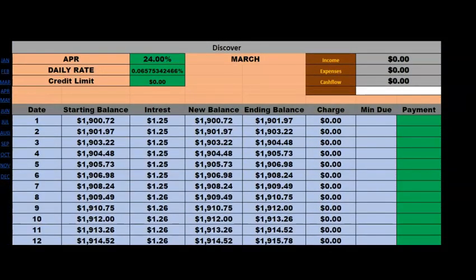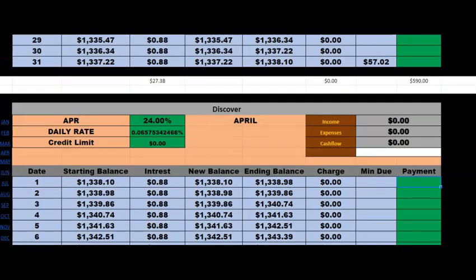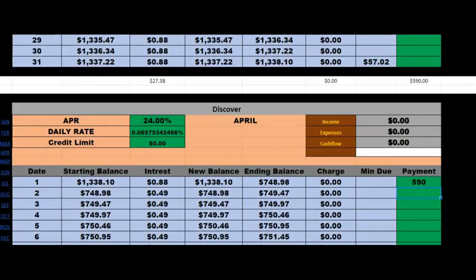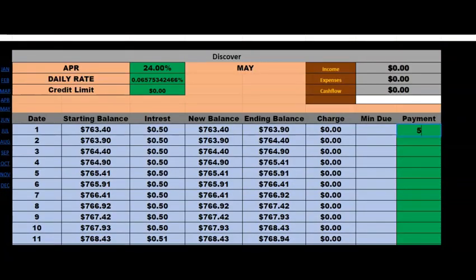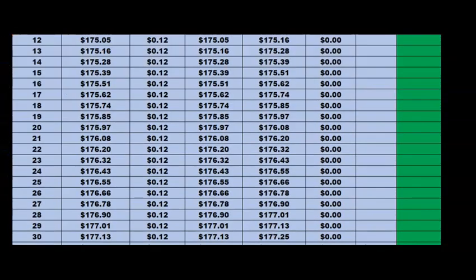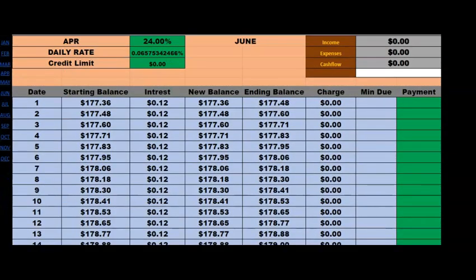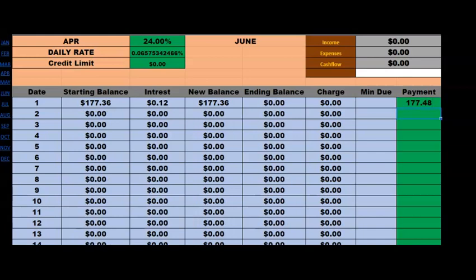In March, we'll have the $530 payment plus the $60. So the new payment will be $590. April, we'll make the $590 payment. May, $590. In June, we will make a payment of $177.48.